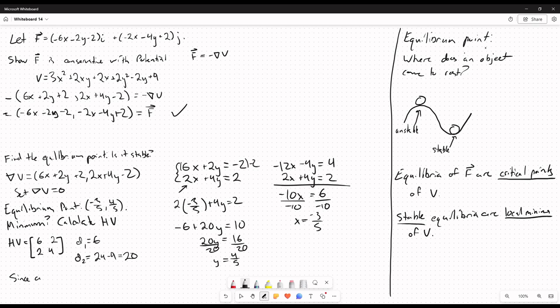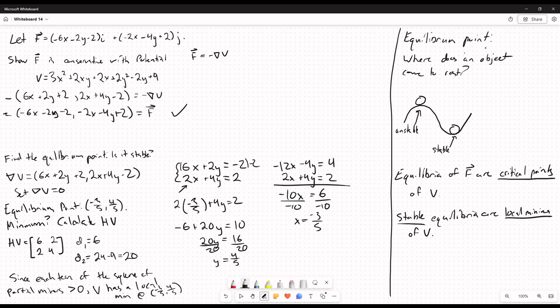Since each term of the sequence of principal minors is greater than 0, this tells us that v has a local min at -3/5, 4/5.